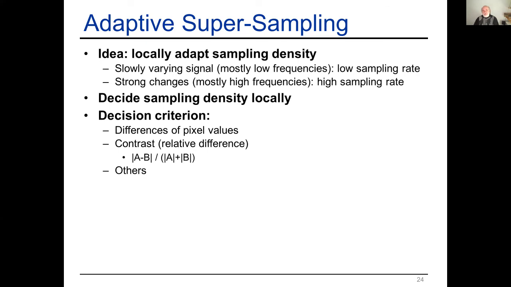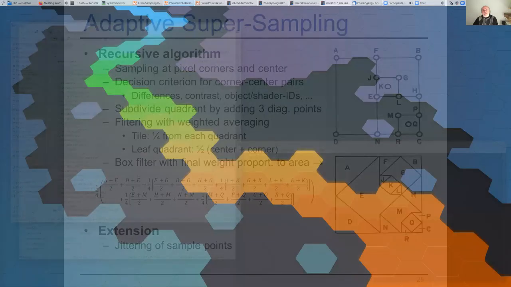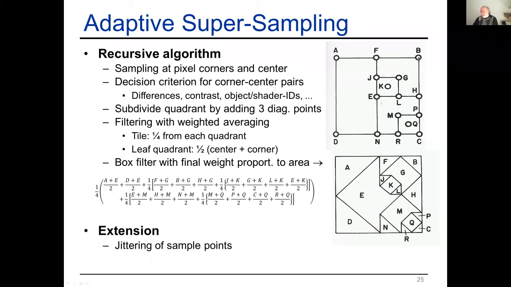And so some of these adaptive techniques have to guess what the frequency is in the image space. And just to finish this, here's one recursive approach to adaptive supersampling. The idea is you start with a coarse sampling, sampling at the pixel borders.